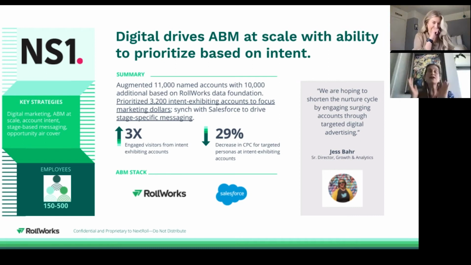So with that sort of customization and messaging, we're seeing a 3x increase in engaged visitors from those intent-exhibiting accounts. And again, more may or may not be better, but more if they're exhibiting intent is definitely better. And a 29% decrease in just CPC because they're getting more relevancy, right? So the overall efficiency gain there is 29% just in the CPC.